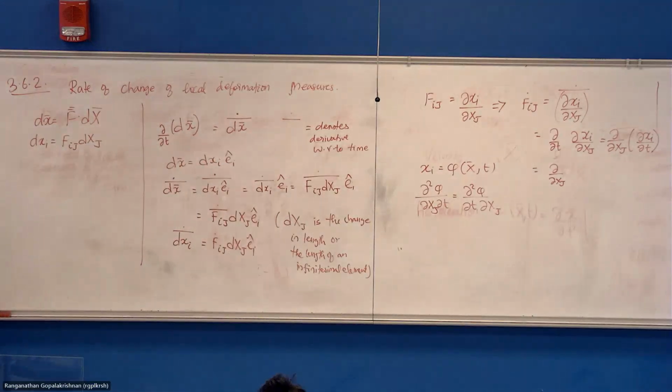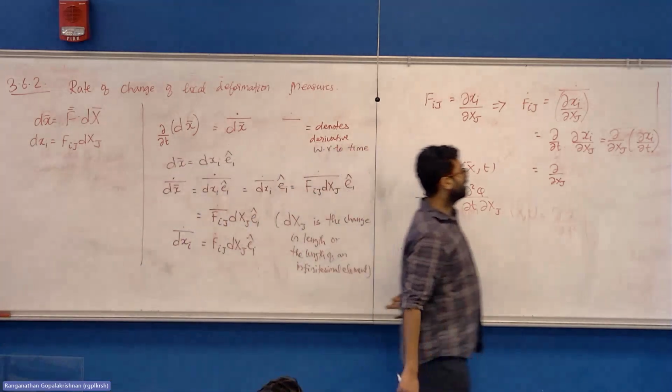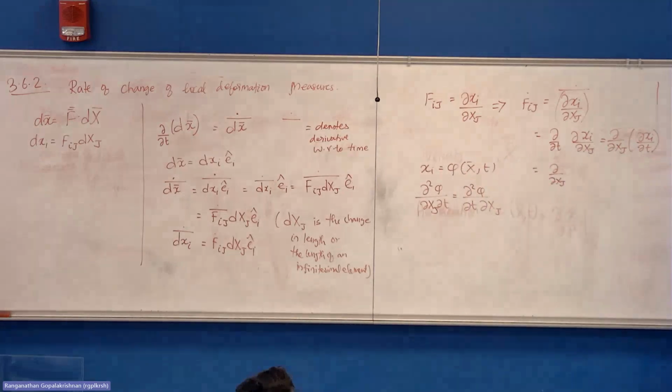What is that quantity which we just saw at the start of the class? What is the derivative of the spatial coordinate with time at a given or fixed material coordinate? Partial x over partial t at a given X is what?